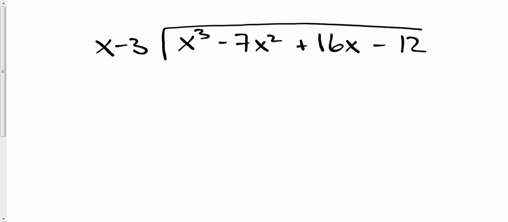X cubed goes into itself once. Another way of asking that: x cubed is x times x times x, so I start with x. Look what I multiply x by: x squared. So bring down x squared.